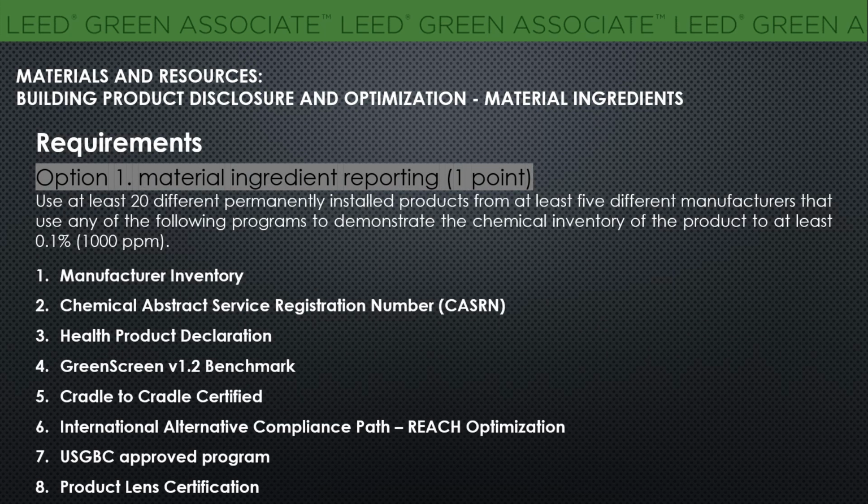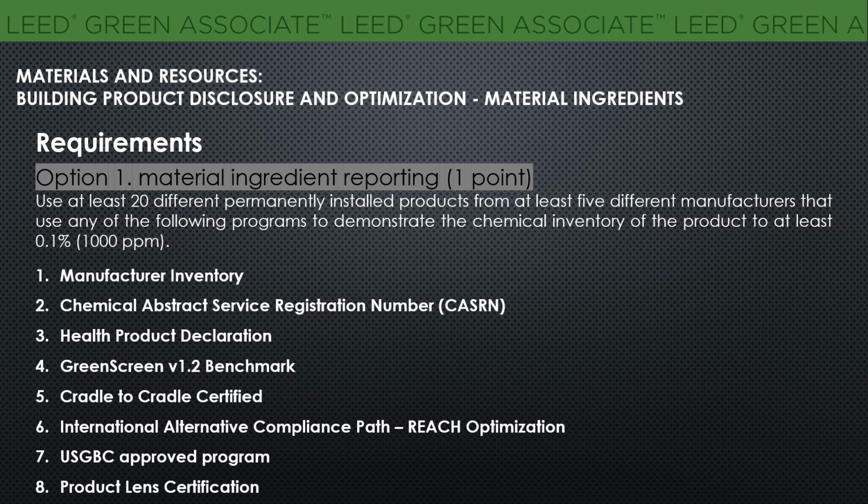Now let's look at the requirements. Option 1 is material ingredient reporting, and it holds 1 point. Use at least 20 different permanently installed products from at least 5 different manufacturers that use any of the following programs to demonstrate the chemical inventory of the product to at least 0.1%. So the programs are 1.